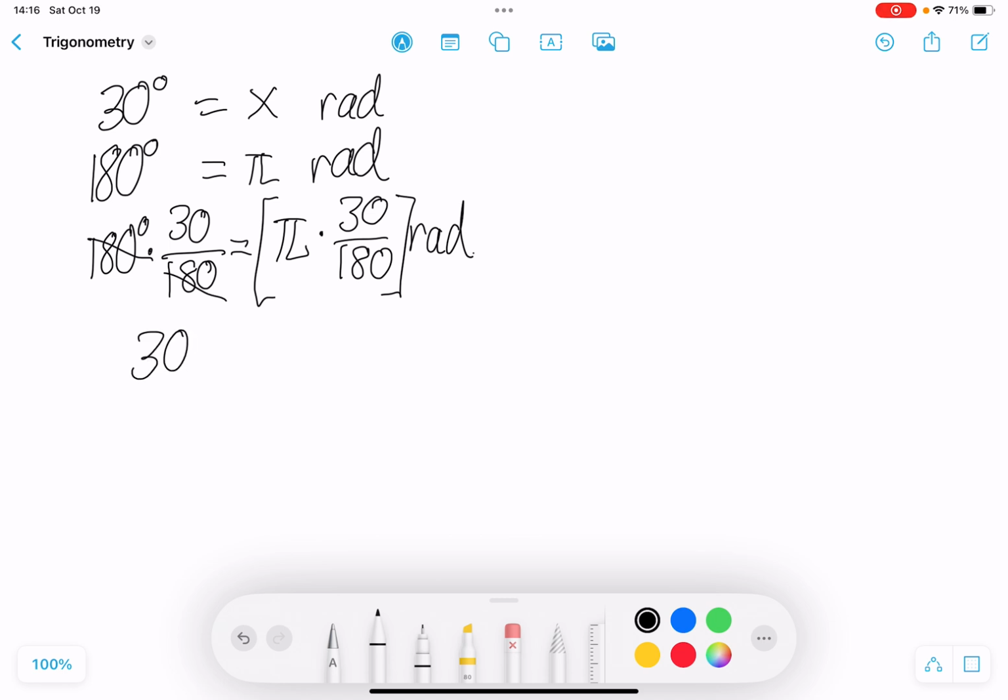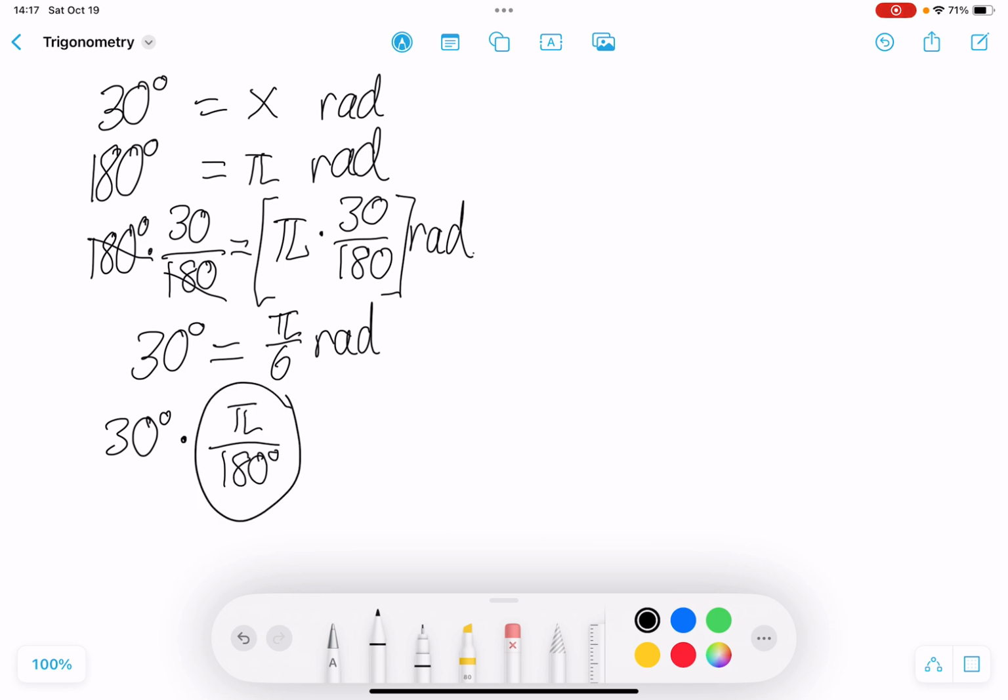This fraction is actually just 1 over 6, so 30 degrees is pi over 6 radians. Now, a more simple way to do this is just to multiply 30 degrees by pi over 180 degrees. This is like the conversion factor.